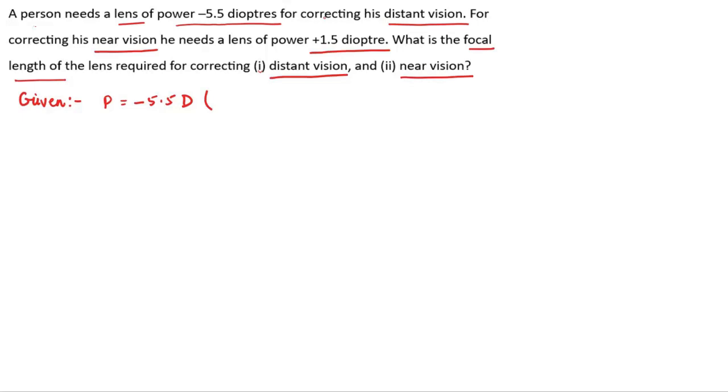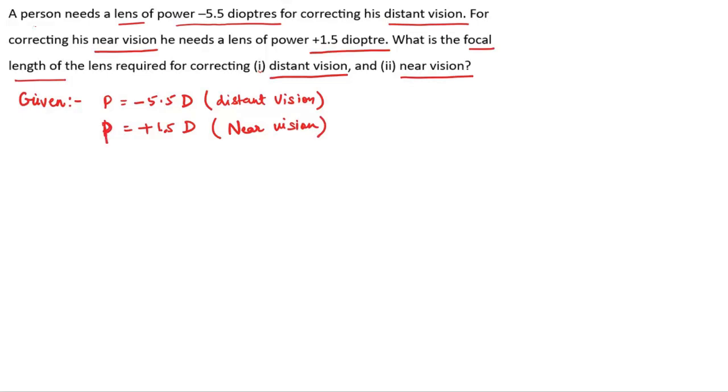This value is given for distant vision, right? And again the power of lens is given as plus 1.5 diopter. This value is for near vision.